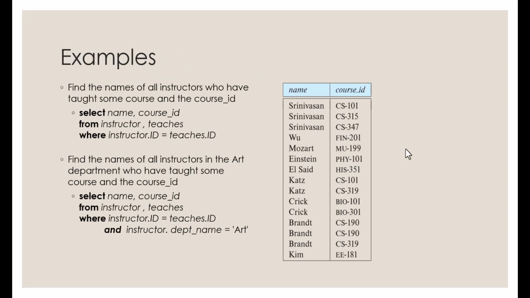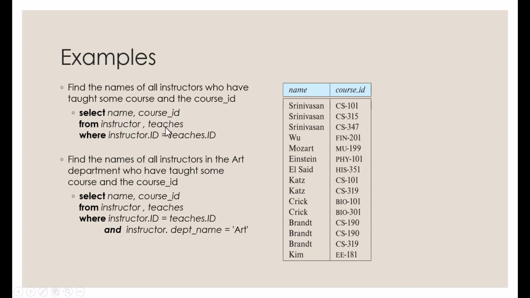Yes, we want to find the names of all instructors who have taught some course, and the course ID. So we have select name, comma, course ID from instructor and teaches. We are combining these two tables. If we didn't have this where clause, it would be returning every single possible combination, so it wouldn't matter if the particular course was taught by a different instructor.